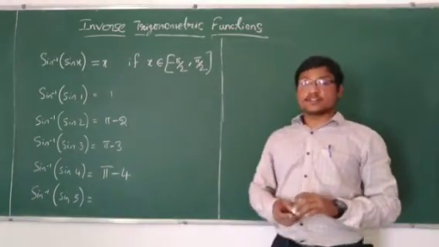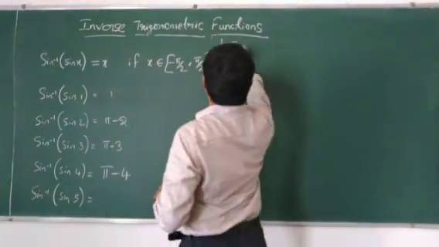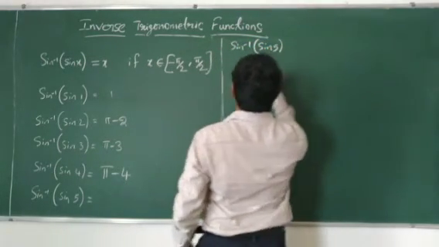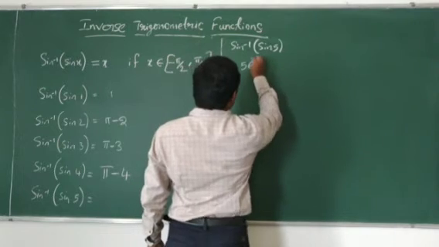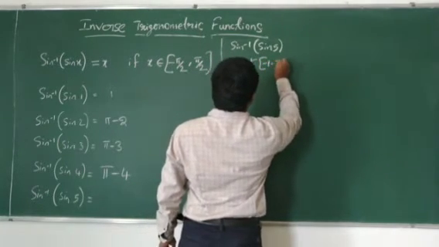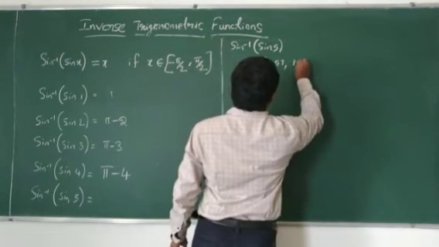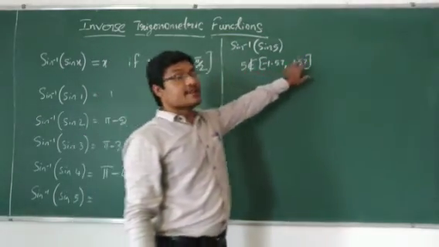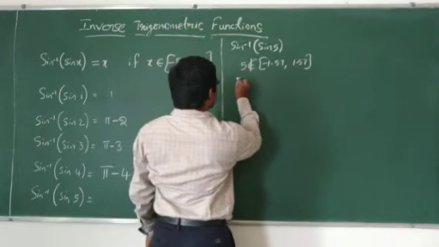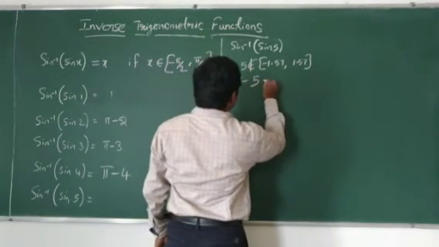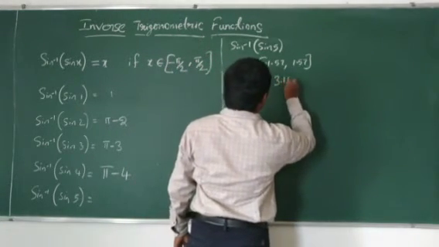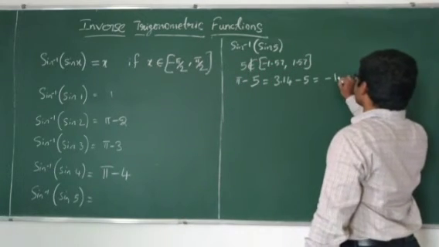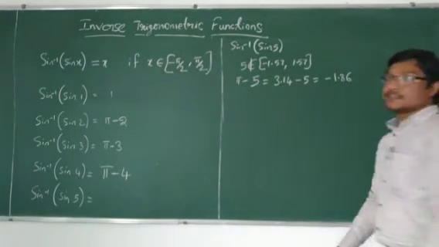Let's take sine inverse of sine 5. Again same, 5 does not belong to the interval. We need to get this into this interval. First we take pi minus 5, which is equal to 3.14 minus 5, which is equal to minus 1.86.